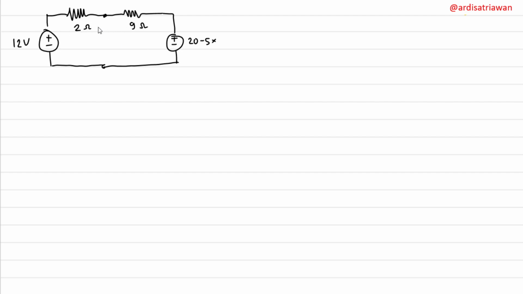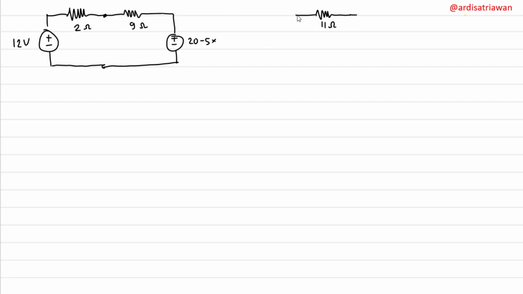Now let's simplify this one. So we will have 2 resistors in series. This is 2 ohm and 9 ohm. But we also have 2 voltage sources, but the polarity is opposite of each other, so they will cancel each other. So I will have this. Let's draw the resistance here, which is 11 ohm.